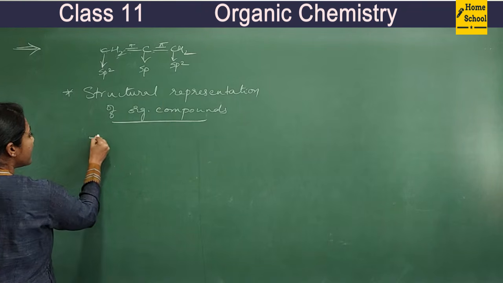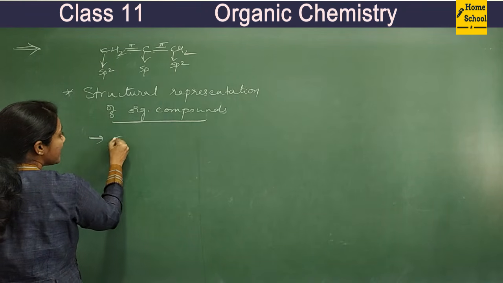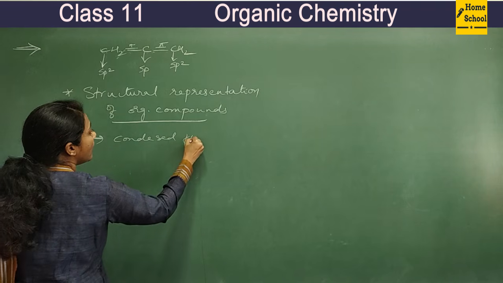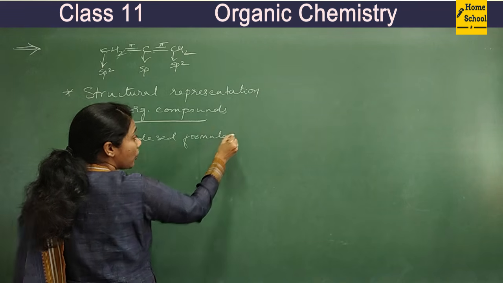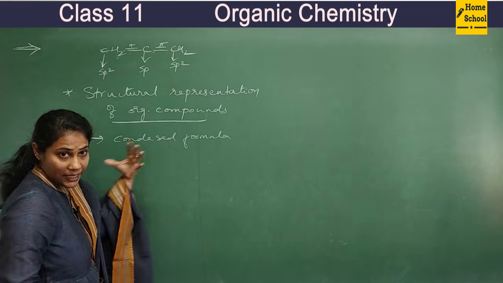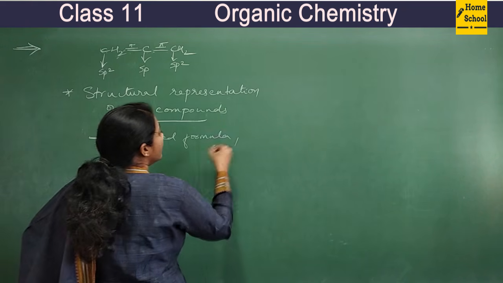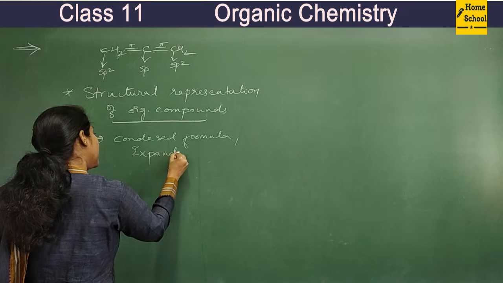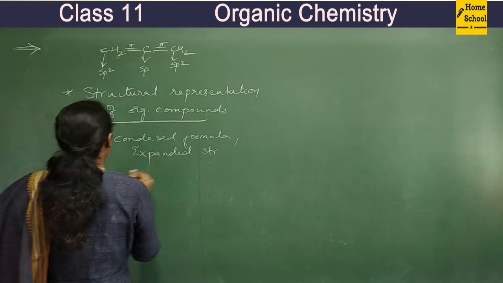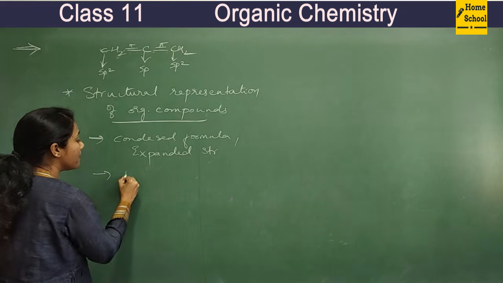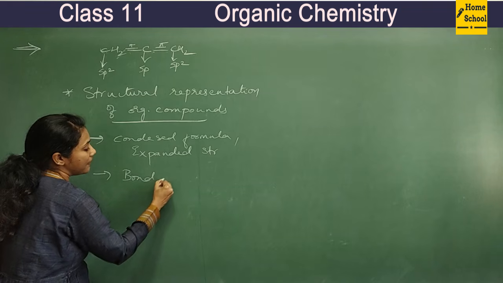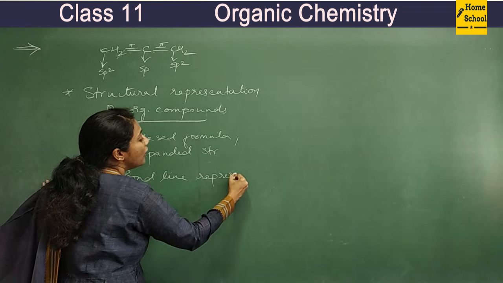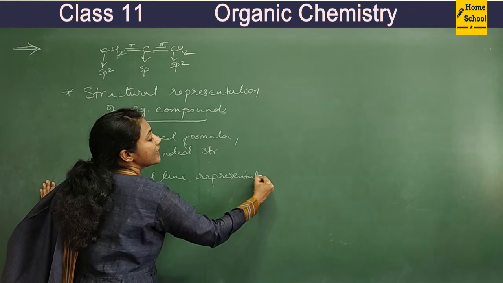We have the condensed formula way of representing an organic molecule. We can represent it in an expanded structure. And most importantly, we have something called bond line representation. So all of them we will try to understand.